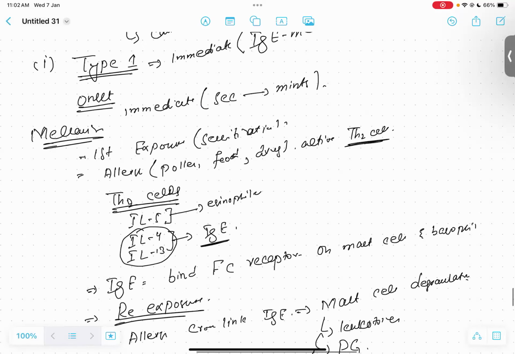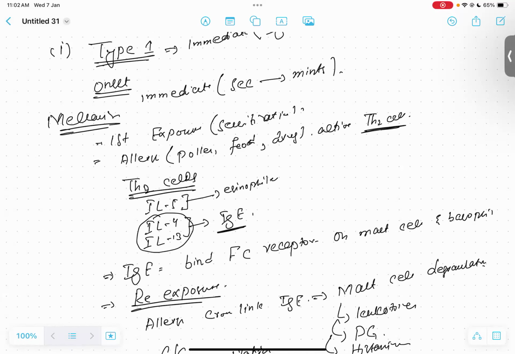Let me tell you, and then if there is any problem. At the first exposure, a person is exposed to pollen. This first exposure will lead to activation of T helper 2 cells. T helper 2 cells produce different types of interleukins.